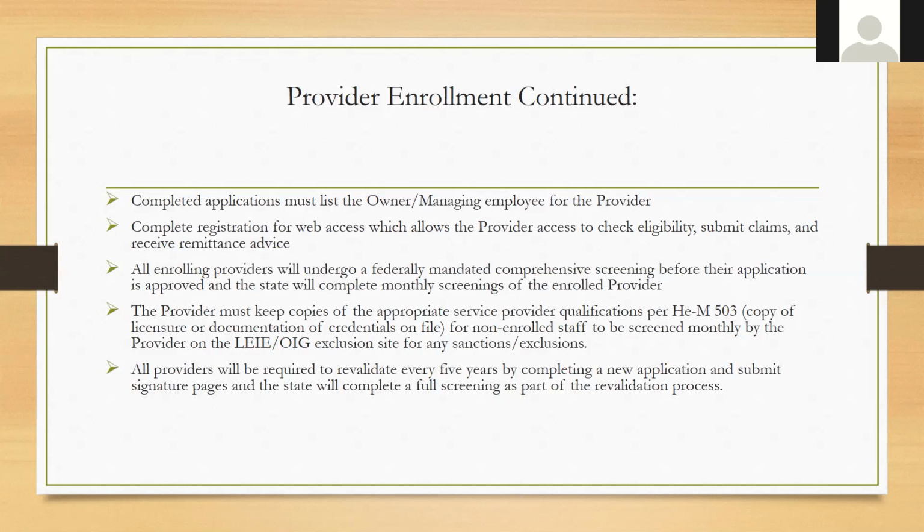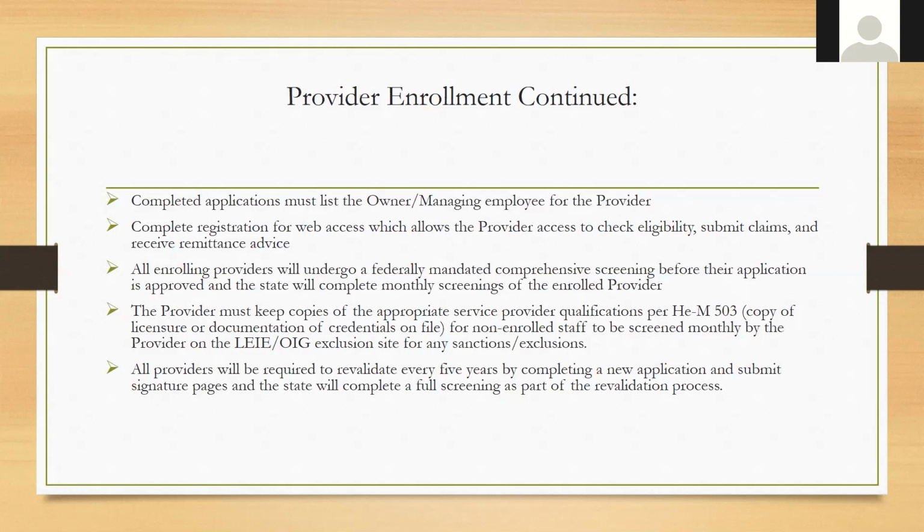And I gave that presentation over a year ago to the area agencies about it. It is a responsibility of enrolled providers to check all of their staff on a monthly basis and maintain a copy that they are doing that screening in case of an audit that would be presented to you.